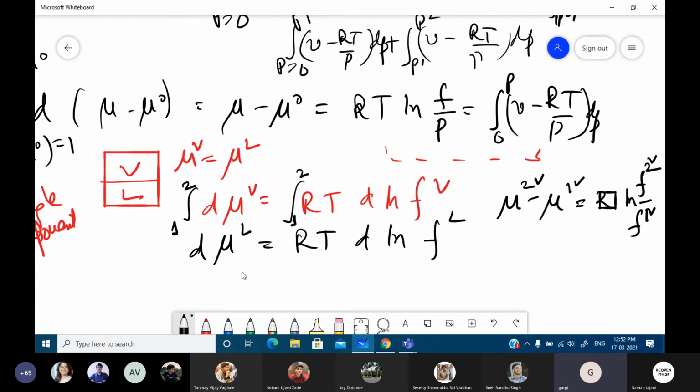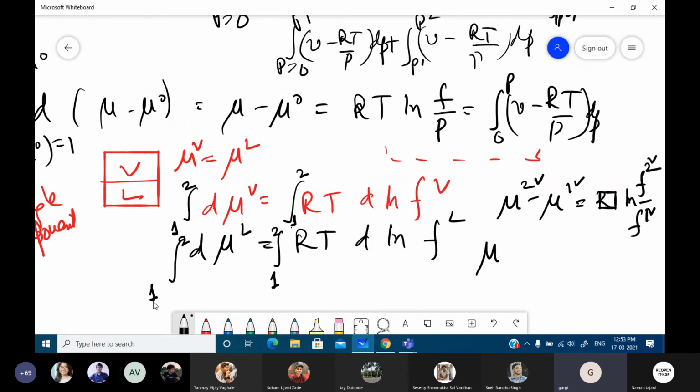Same way from here I can do. Here again I start from one particular state. Now the state where I start from here, that can be the same state here. Suppose I start from the same state 1, I go to the state 2. Start from the same state 1, I go to the state 2. Then in that case, what do I get?